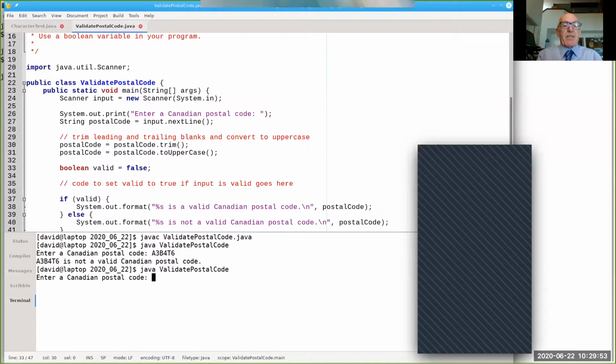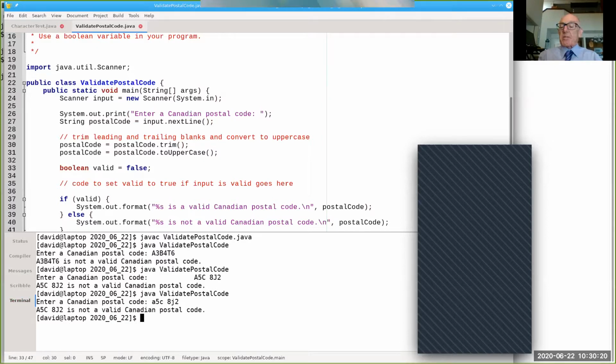If I say something like this, and a whole bunch of blanks after it, it'll just trim off as many as there are. Oh, I didn't try it with a lowercase. Let's just try something here. Excellent. So it is doing the uppercase properly.